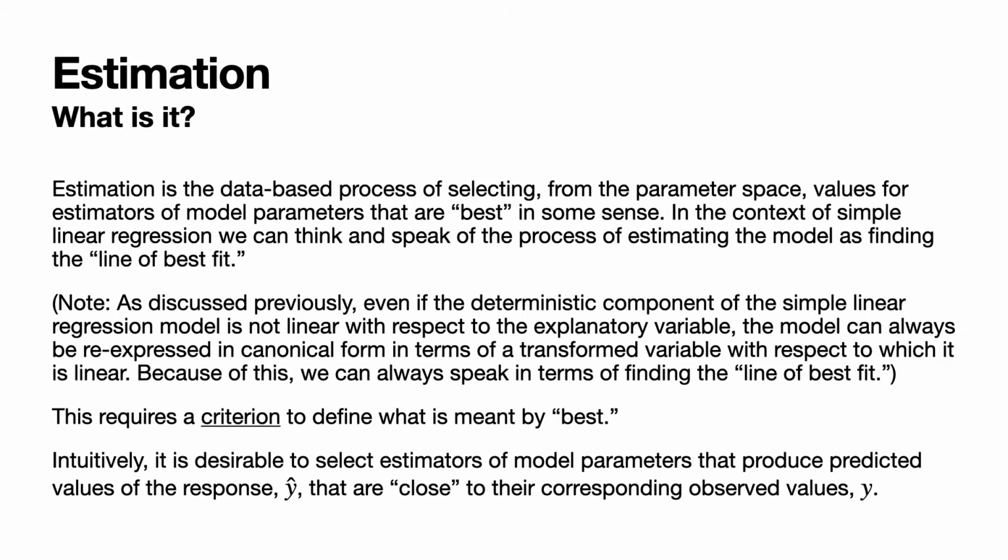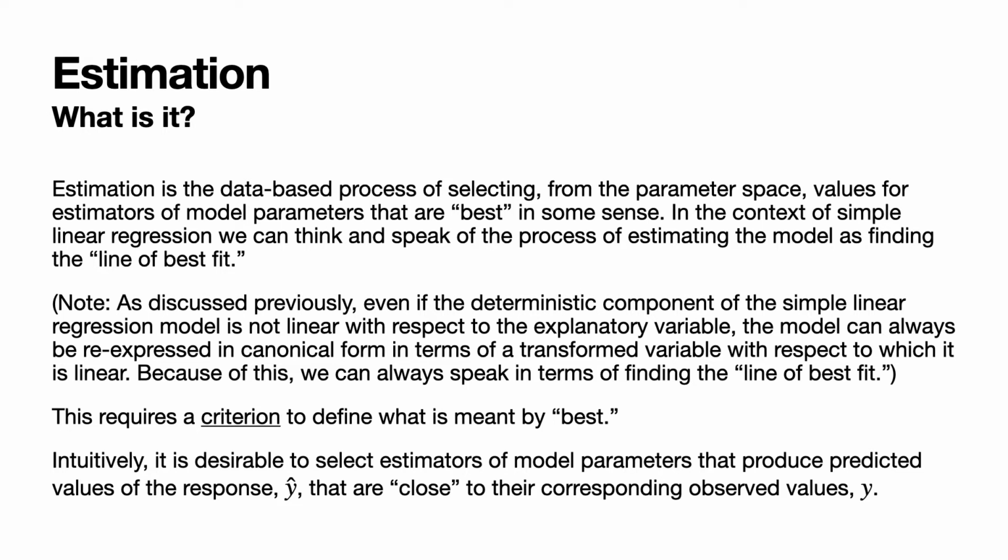Now let me just say parenthetically here, as discussed previously, even if the deterministic component of the simple linear regression model is not linear with respect to the explanatory variable, the model can always be re-expressed in canonical form in terms of a transformed or derived variable with respect to which it is linear. And so because of this, we can always speak in terms of finding the "line of best fit."